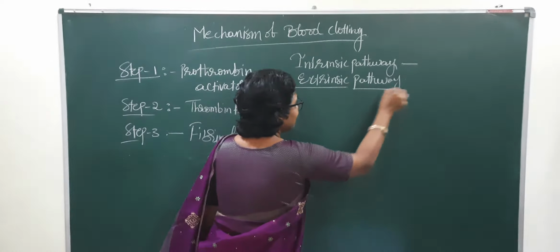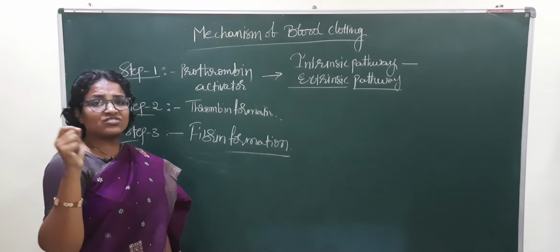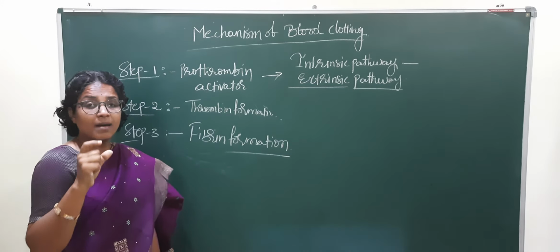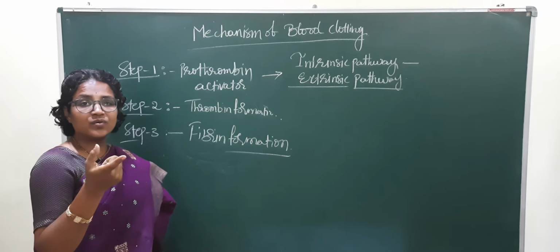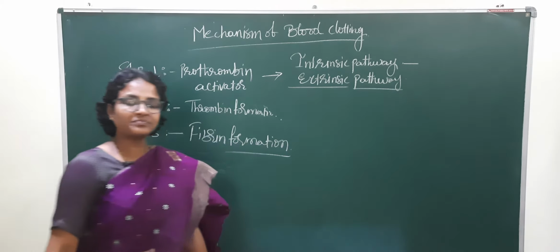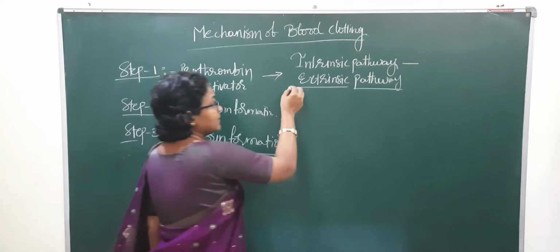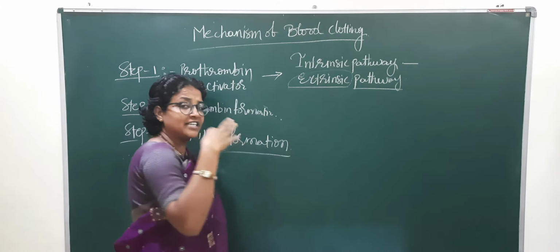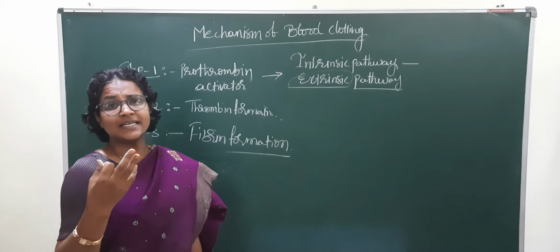Extrinsic pathway: when a blood vessel is severely damaged, the extravascular tissue comes into contact with the blood. So factor 7 is activated, and in turn it activates the prothrombin activator.